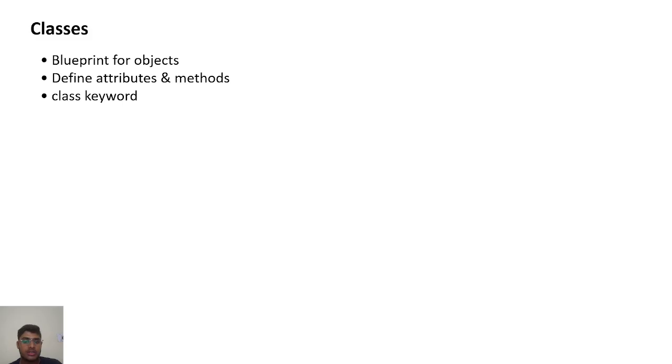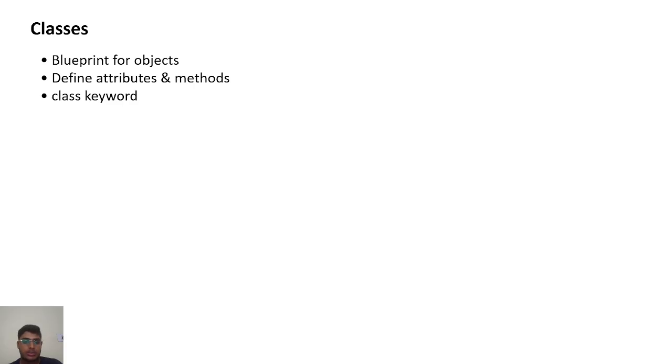For example, if we want to create information about students, we don't create each student from scratch. Instead, we create a student class and then create multiple student objects from it. What is a class?